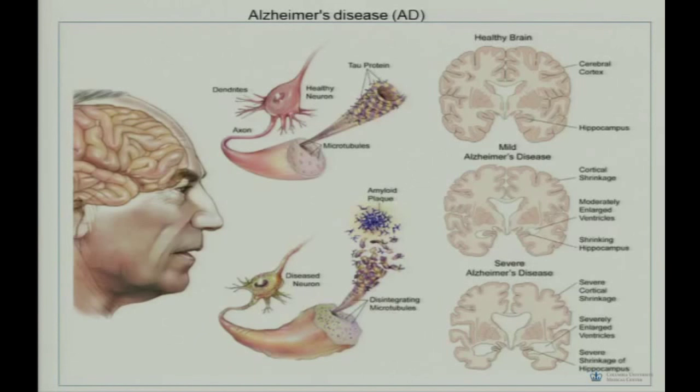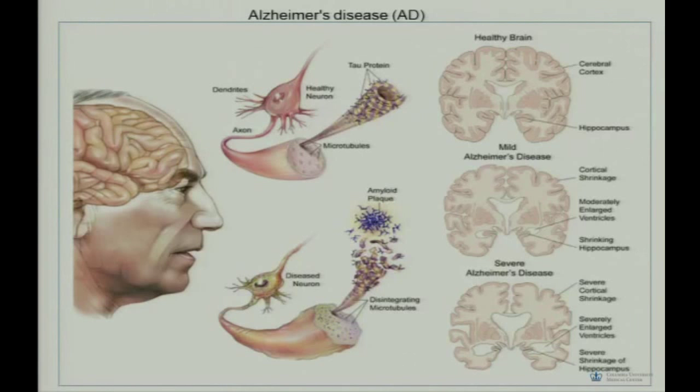Okay, so normally these amyloid proteins are constantly being formed and constantly being broken down. There's just this normal turnover of the protein. But something has happened now in that balance of the enzymes that produce it and the enzyme that breaks it down, and you start to get an accumulation of these proteins and these plaques. How these plaques affect the function of the cells is not entirely clear, but we see those plaques very clearly in the brains of people with Alzheimer's disease.